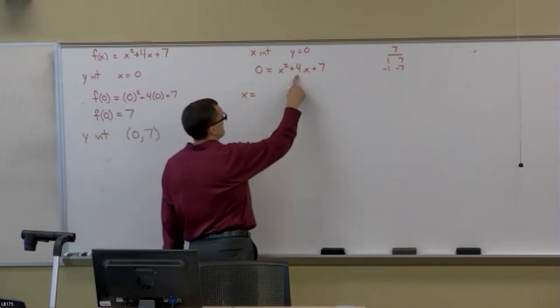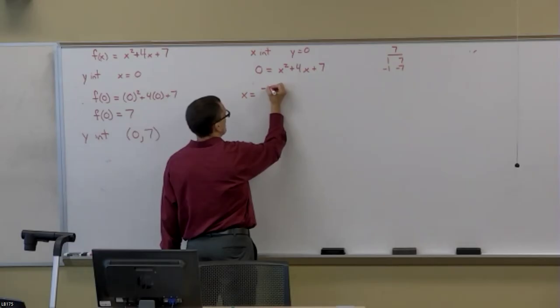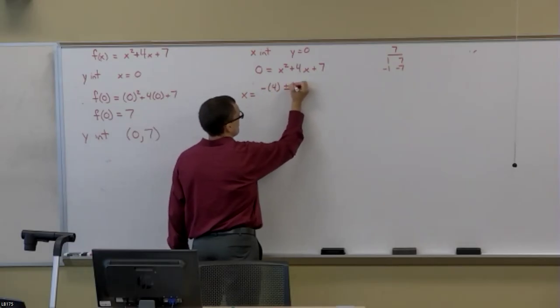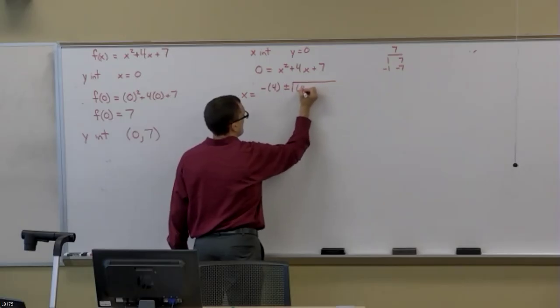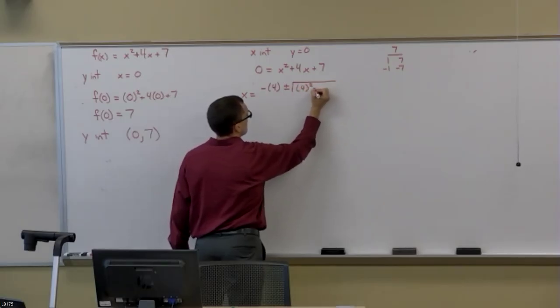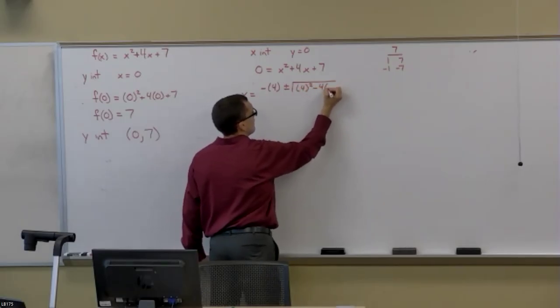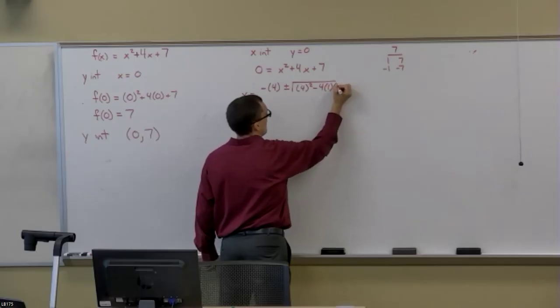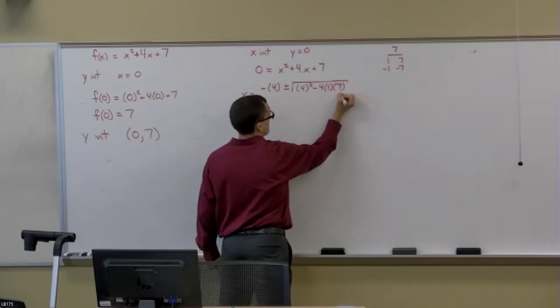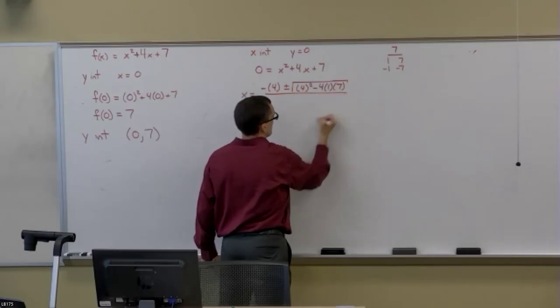Opposite of b will be -4. B is a 4 here. Plus or minus the square root of b squared minus 4 times a times c. A and c are 1 and 7 respectively.